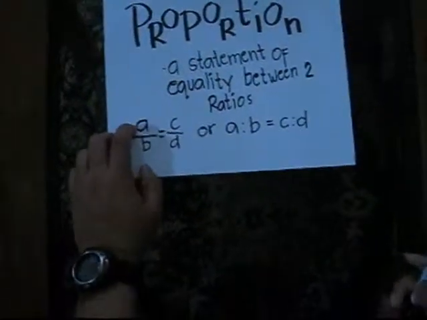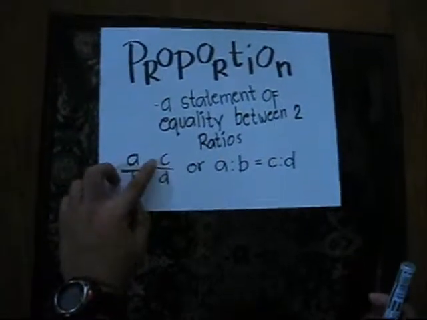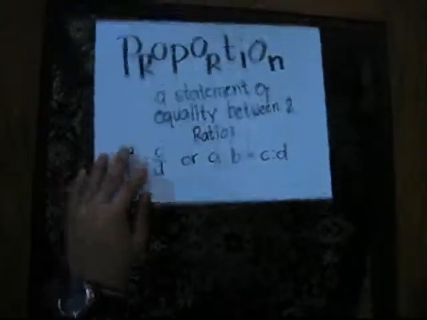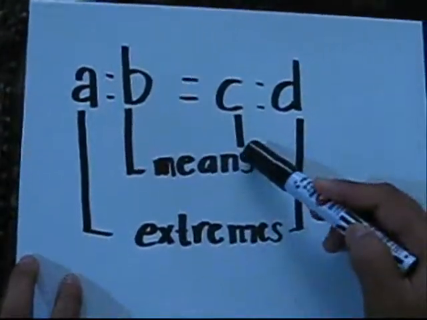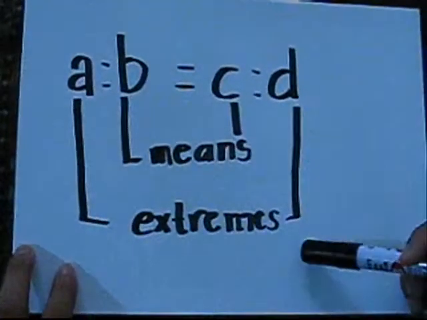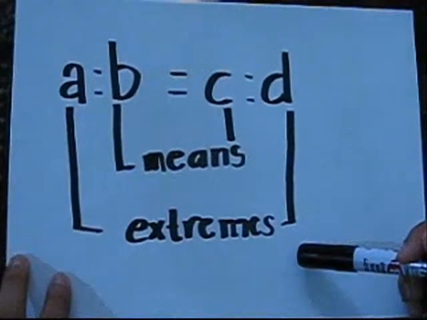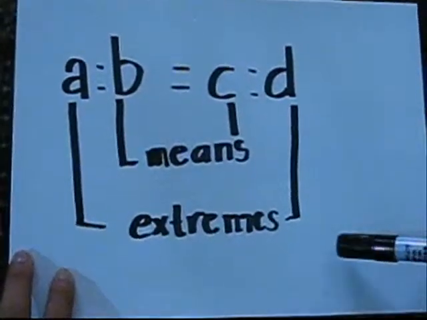A is the first term, B is the second term, C is the third term, and D is the fourth term. The second and third terms are called the means, and the first and fourth terms are called the extremes of the proportion. This proportion is read as A is to B as C is to D.